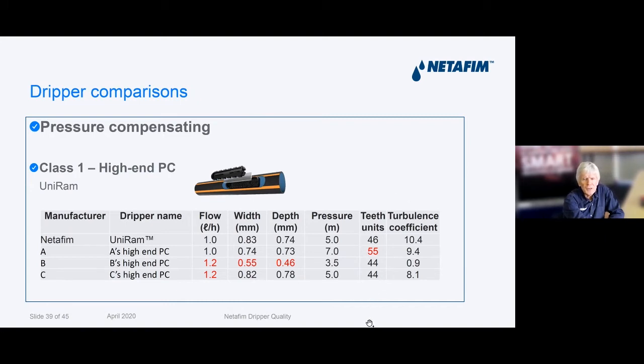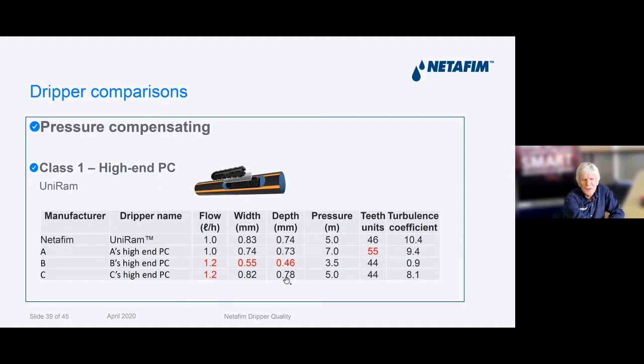Then I've taken 2 other competitors, B and C. There, they have got turbulence coefficients of 0.9. Okay, call it 1. Why is that? Well, the depth and the width has been reduced.